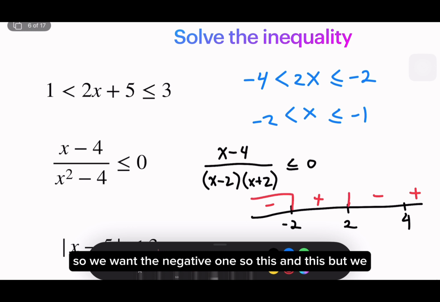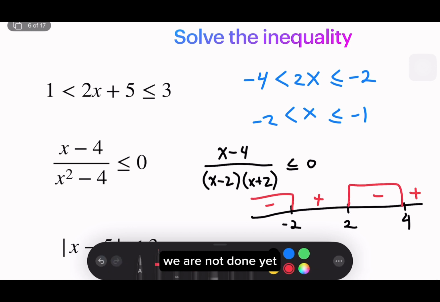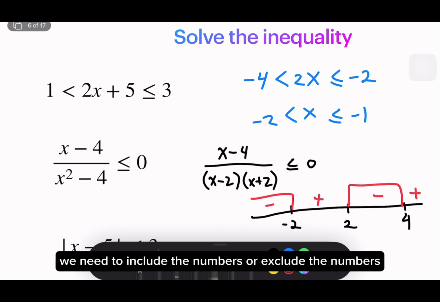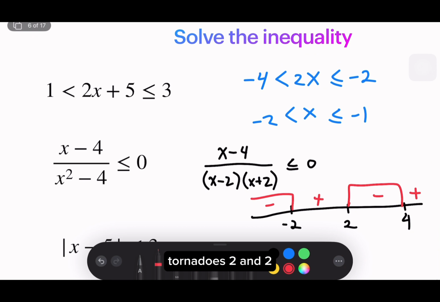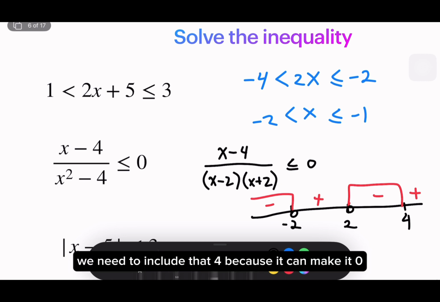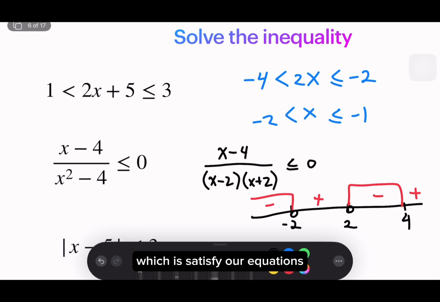So this and this. But we are not done yet. We need to make sure whether we include or exclude the numbers. For negative 2 and 2, can we include them? No, because it will be undefined. For 4, we need to include it because it makes the expression 0, which satisfies our equation, so we close the interval.